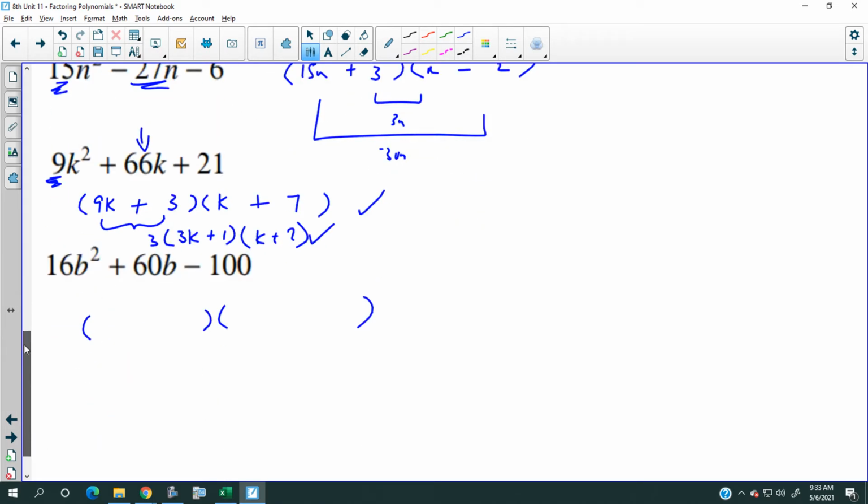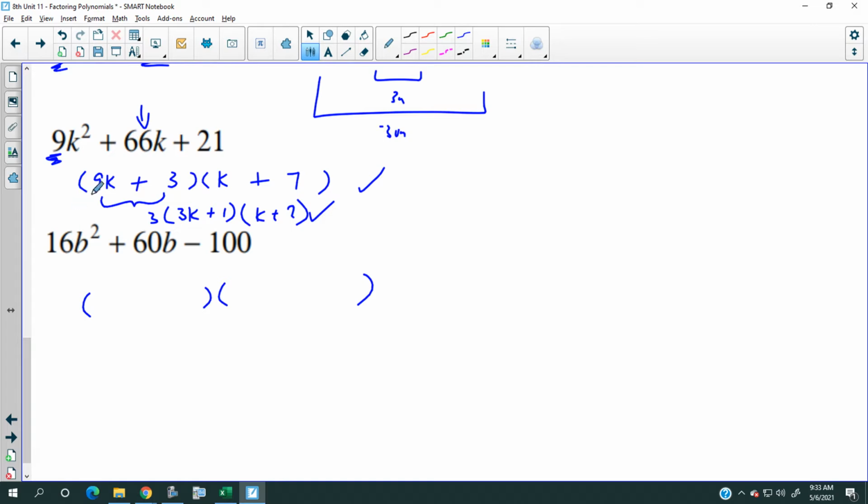So tomorrow, I'm going to show you questions with answers where instead of saying 9k, some of them would now show you 3k. I just want to show you the questions today because it's a possibility that you will see those questions. Now, for 16, I guess I'll just stick with 16b, and then just go from there.